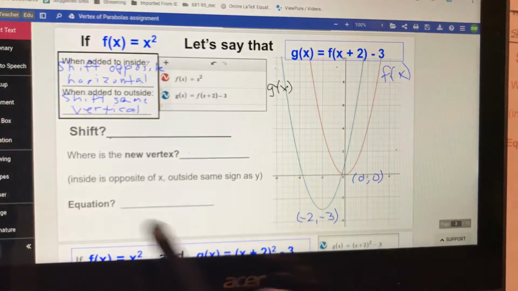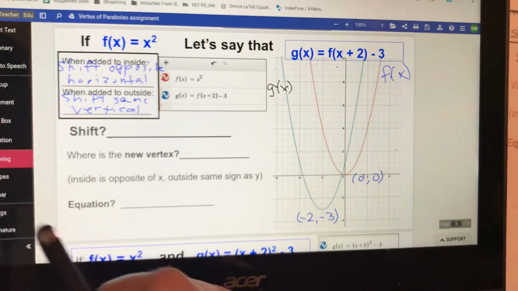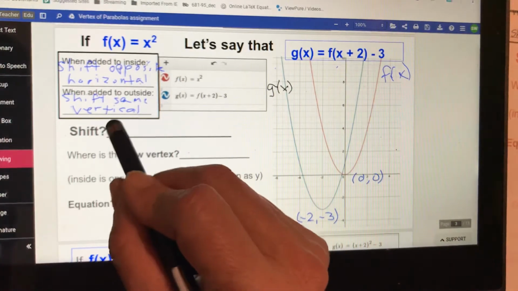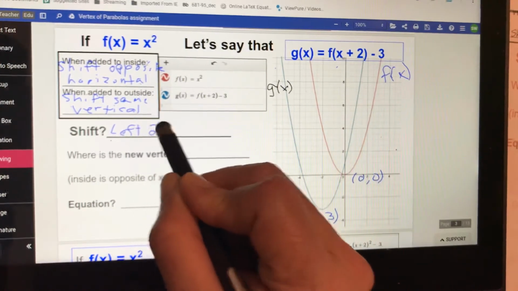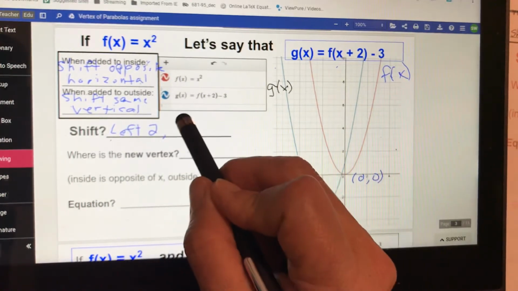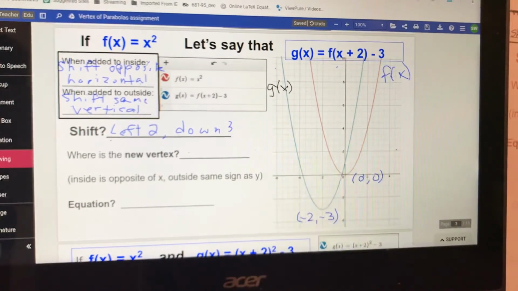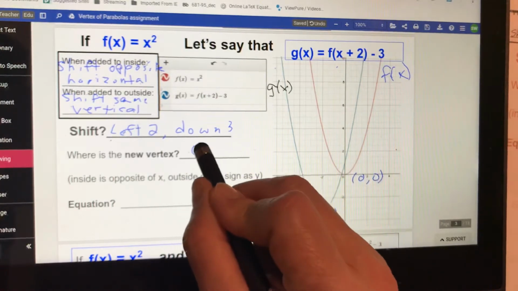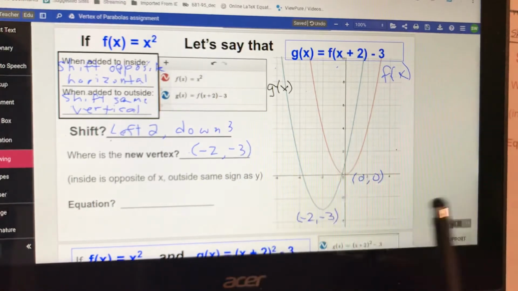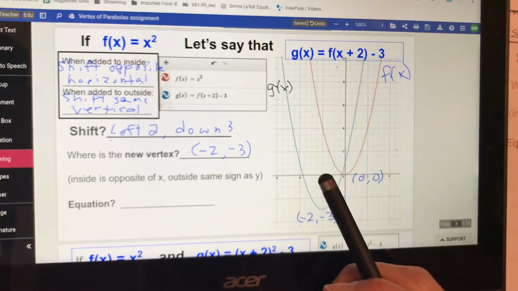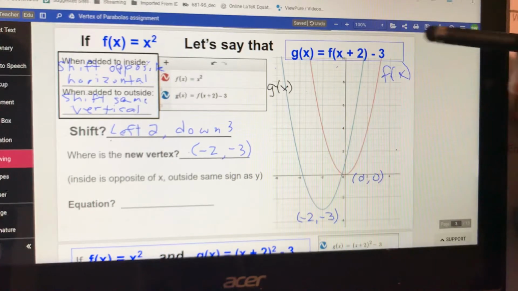So the shift in this case was left 2 and down 3. So that would make the new vertex at -2, -3. So we went to the left 2 because inside lies, that's what the plus 2 came in, and down 3 because outside tells the truth.